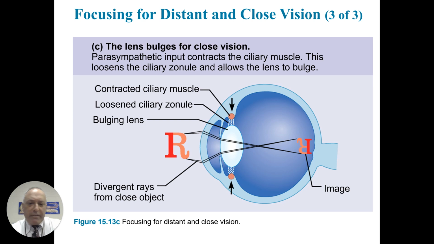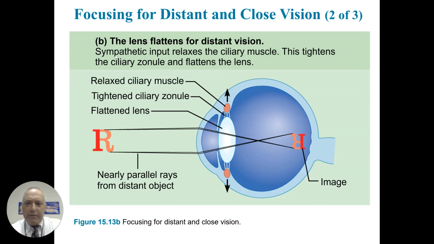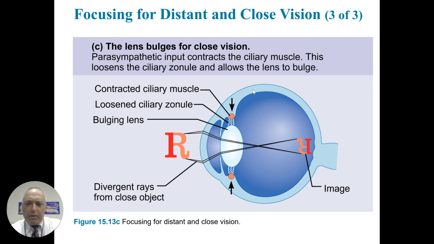When you look far distance, you need to relax your ciliary muscle to pull on the lens to change the shape. So once again, for distant vision, it's relaxed ciliary muscle, but this pulls on the lens to flatten it. For close vision, the ciliary muscle contracts, which loosens the lens, allowing it to go back to its bulging state.